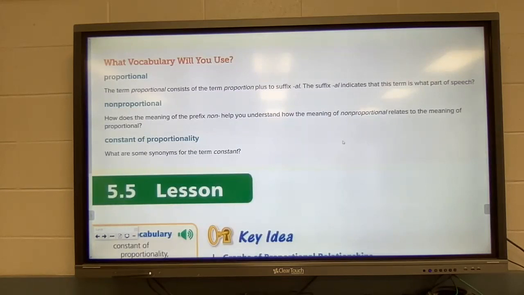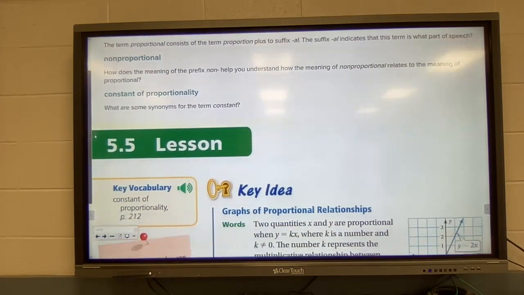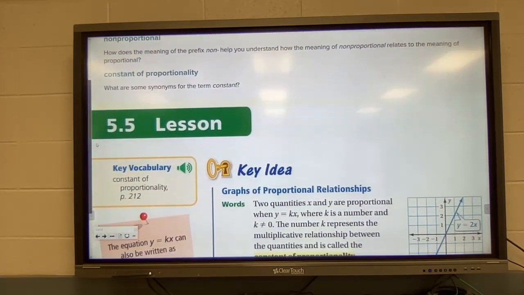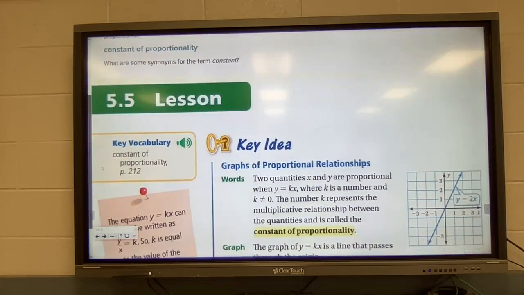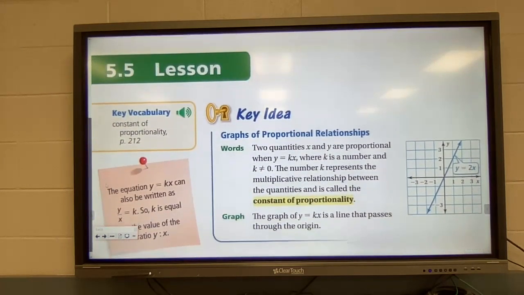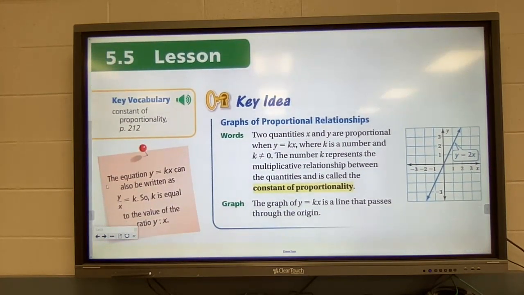And so the constant of proportionality, we talked about that yesterday. But when I look at the graphs of proportional relationships, if you look at this one, two quantities x and y are proportional when y is equal to kx, where k is a number which is not equal to 0.